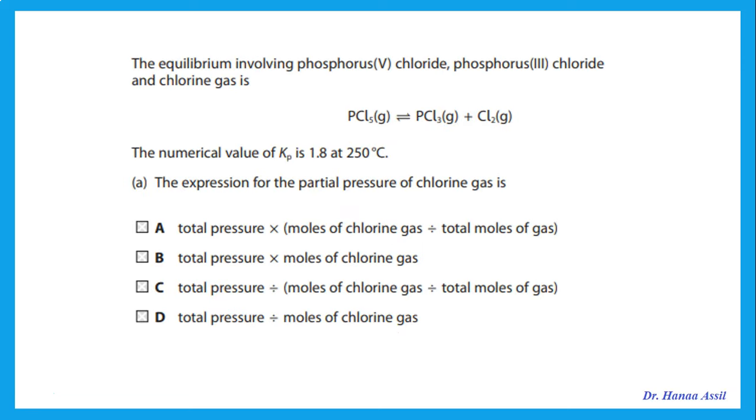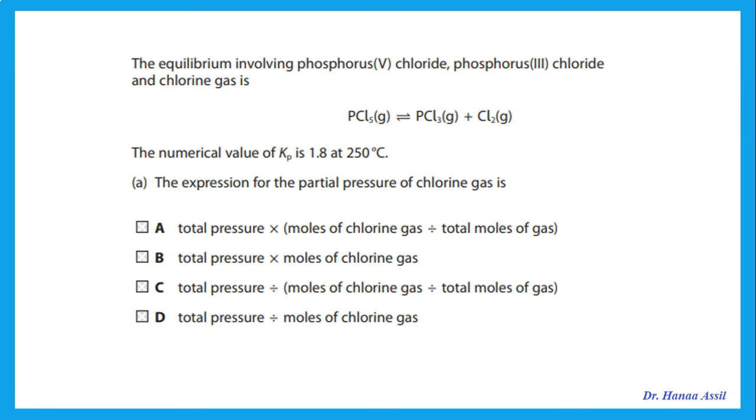So in this question, it says the equilibrium involving this equation, the numerical value of Kp is this. So we're being told that the Kp is 1.8. The expression for the partial pressure of chlorine: how do we get the partial pressure of each individual gas?